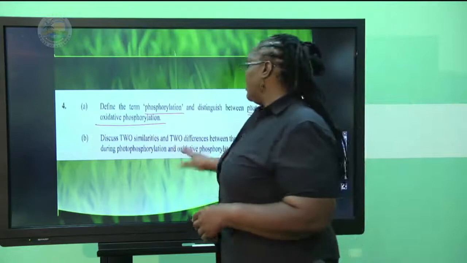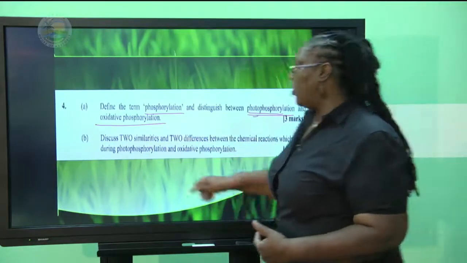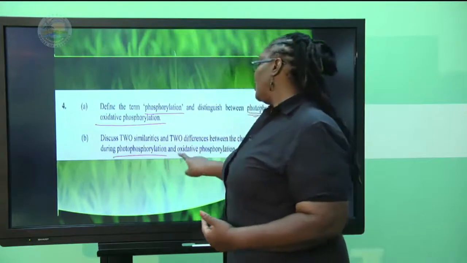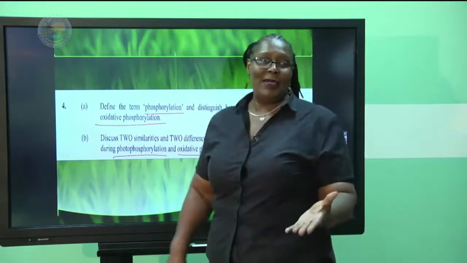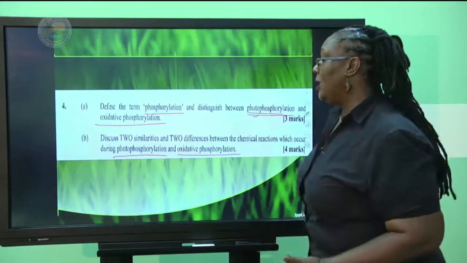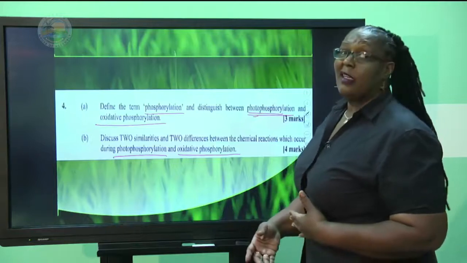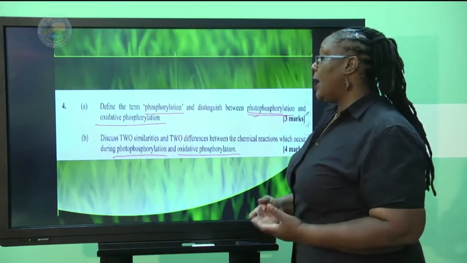Discuss two similarities and two differences between the chemical reactions which occur during photophosphorylation and oxidative phosphorylation. Well, I just mentioned them. In photophosphorylation, water is being oxidized to yield the hydrogen and the oxygen.